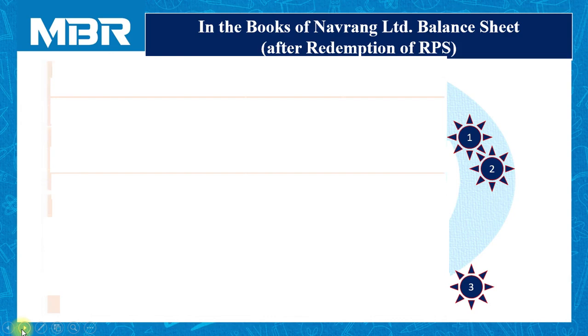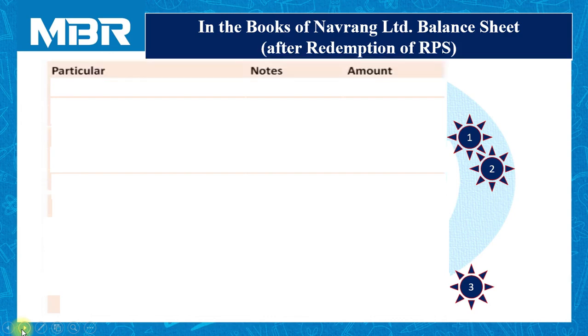And as you all know, we have to prepare our balance sheet in vertical format. As I discussed with you, the examiner may provide information either in horizontal form or in vertical form as a part of the question. But we have to prepare our balance sheet in vertical format as a part of the answer, and it is compulsory for all of us.